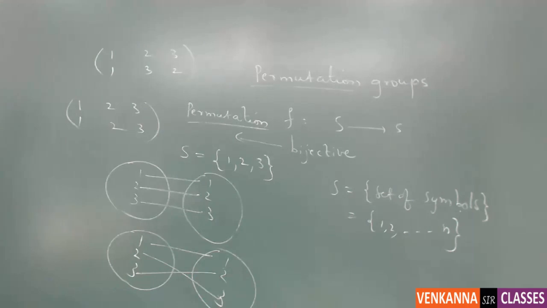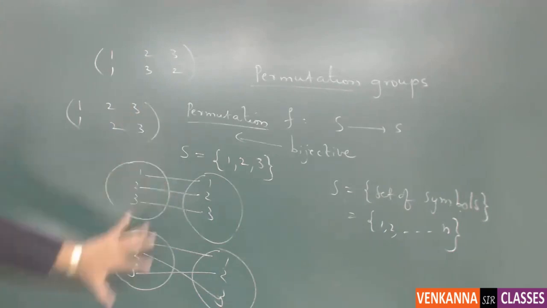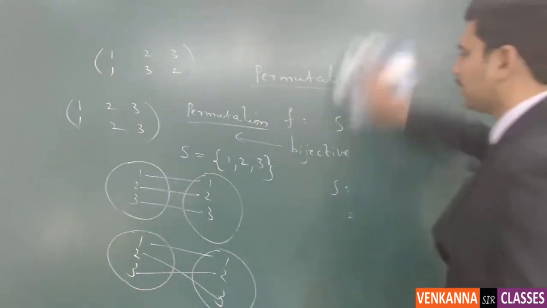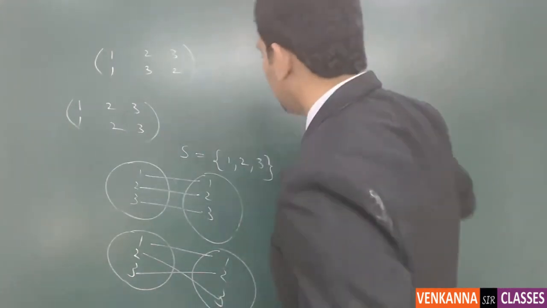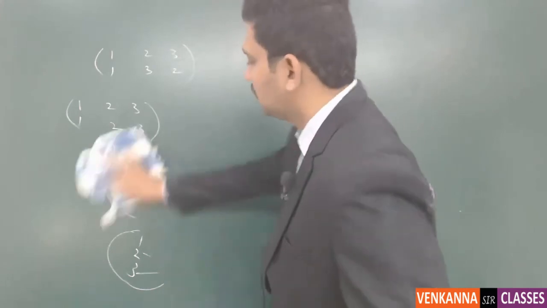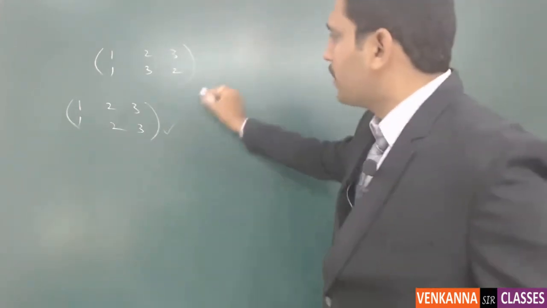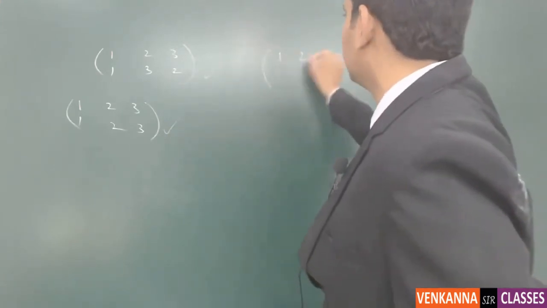Yes or no? So if you proceed like this on this set, how many permutations are you going to make? That is an interesting question. If you write them together, let us observe how many permutations we can draw on the set 1, 2, 3. This is one type of permutation, and this is another type.